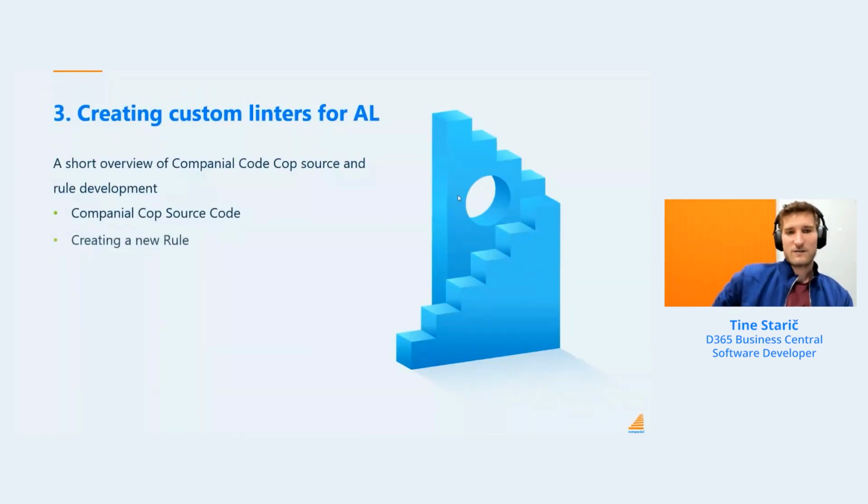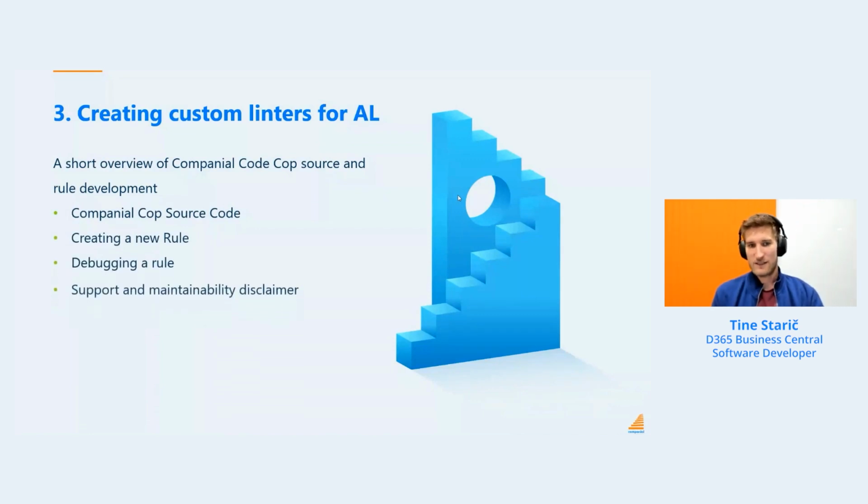Now, we're going to take a look at how you can create your own custom analyzer. We're going to do that by going through the source code of our internal Companial COP that we use here at Companial. We actually published the whole source code a couple of weeks ago, and you can check it out. It can be a really good starting point if you would like to create your own additional rules, or it can also be just a starting point where you can kind of learn how that can be done.